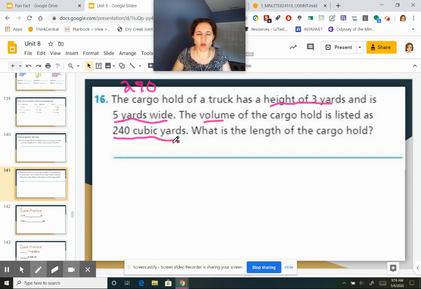I think I said 24 earlier, right? It should be 240 cubic yards. What is the length of the cargo hold? So what am I looking for? That's right, I'm looking for my length. So go ahead and see if you can figure out that one. Remember, this one we have an unknown length. See if you can figure it out, then come back to me.